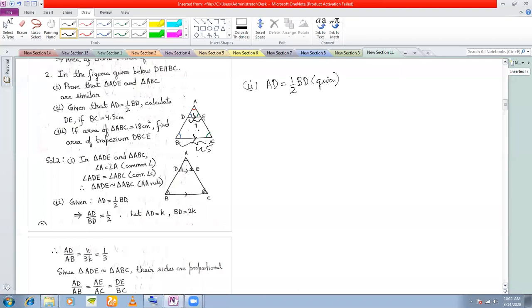Once you have proven similarity, you will write the proportional sides. Since triangle ADE is similar to triangle ABC, therefore sides are proportional.